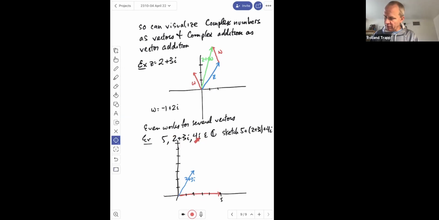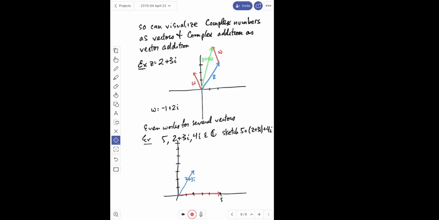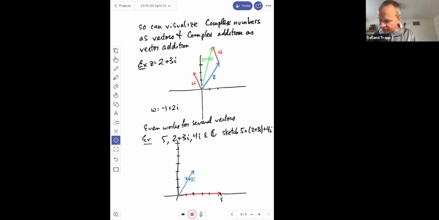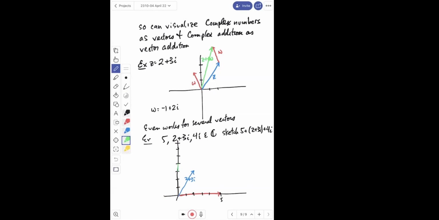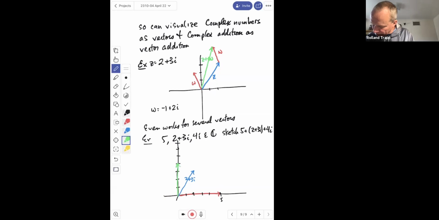Yeah, that's got 0 on your real axis. This is the imaginary axis. That's the real axis. So 4i is just the vector that goes like that.